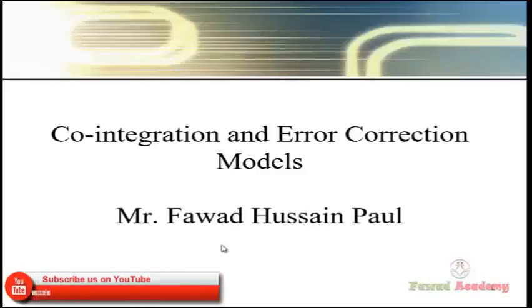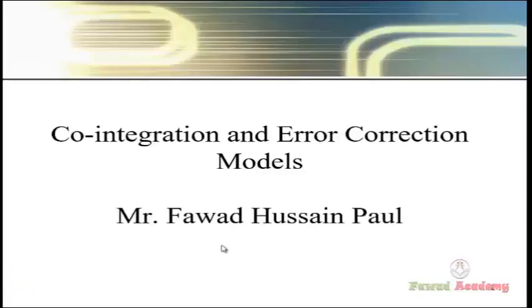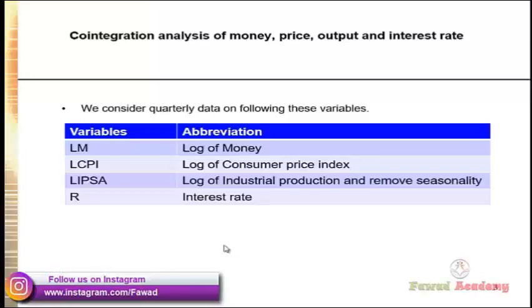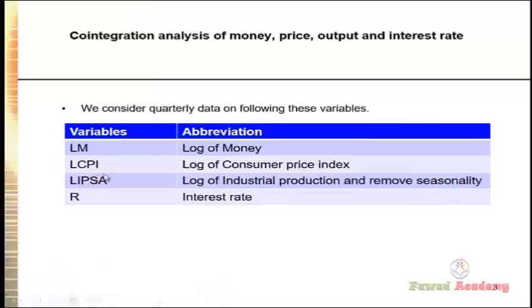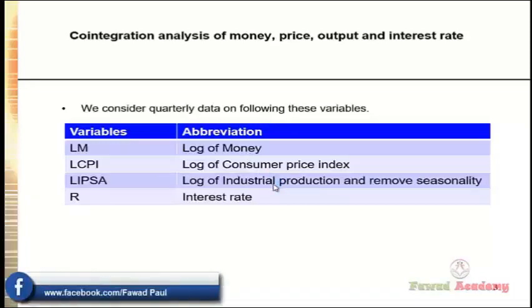In this lecture we have 4 variables. Look at these 4 variables. All the variables we have converted into log form except the interest rate. The first one is money, the second one is consumer price index, and the third one is industrial production.